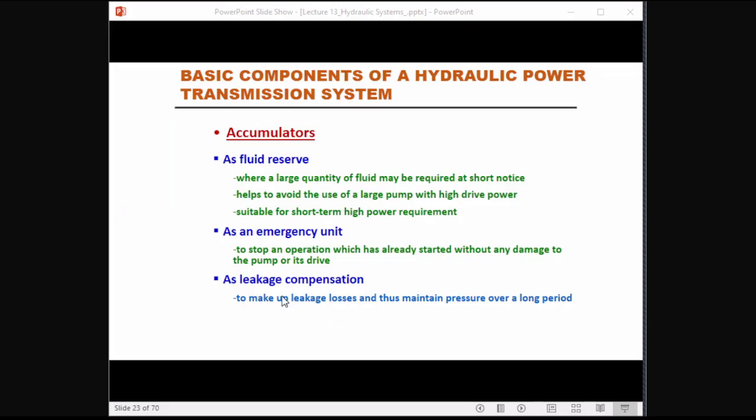Then the accumulator helps maintain pressure over a long period by compensating for these leakage losses and ensuring the system continues to operate efficiently.